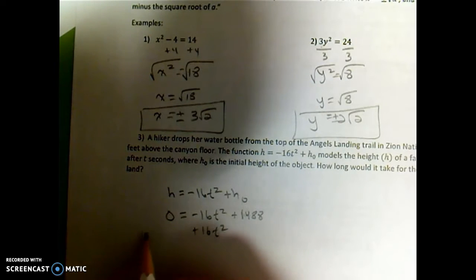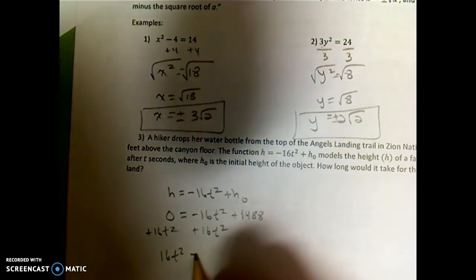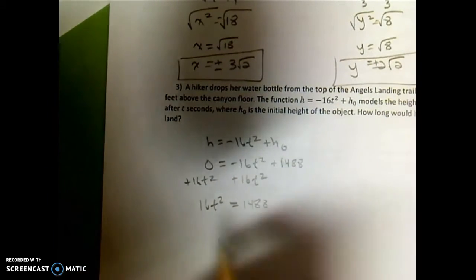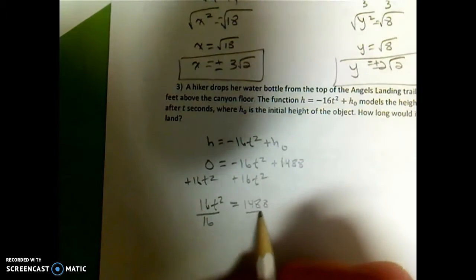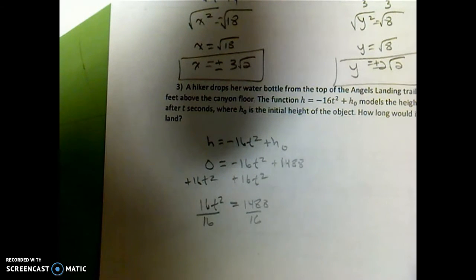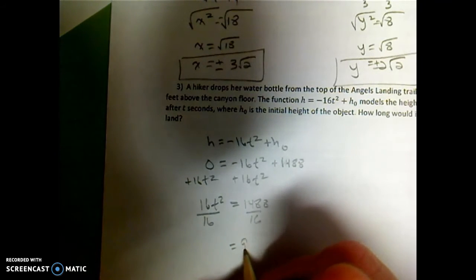Let's go ahead and get 16t squared over to the other side. Now isolate the t squared term. So 1488 divided by 16 equals 93.